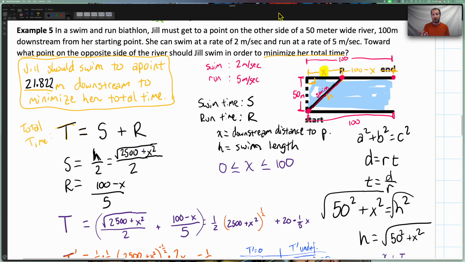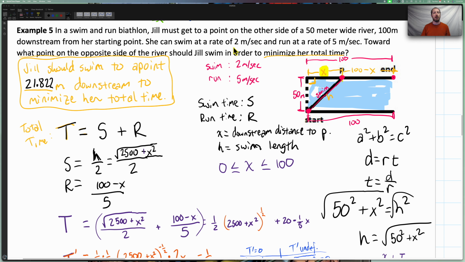We want to understand it. So Jill is swimming and running a race, a biathlon. The swim is first. She gets to choose at what point on the opposite side of this river she swims towards. Once she gets to the other side, on that shore, she's going to run to a point that's 100 meters down from where she started, on the opposite bank.